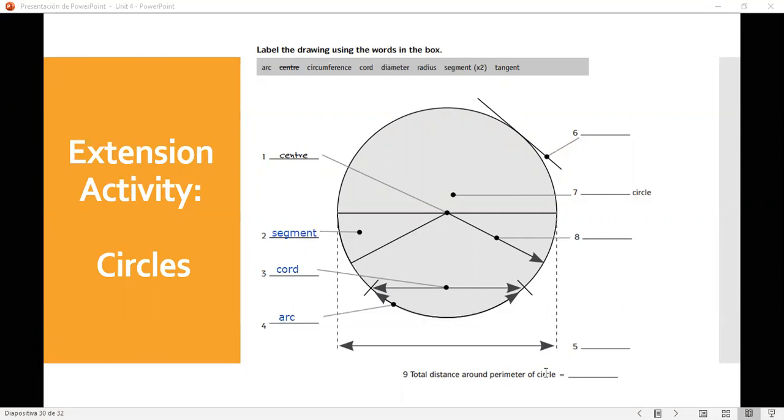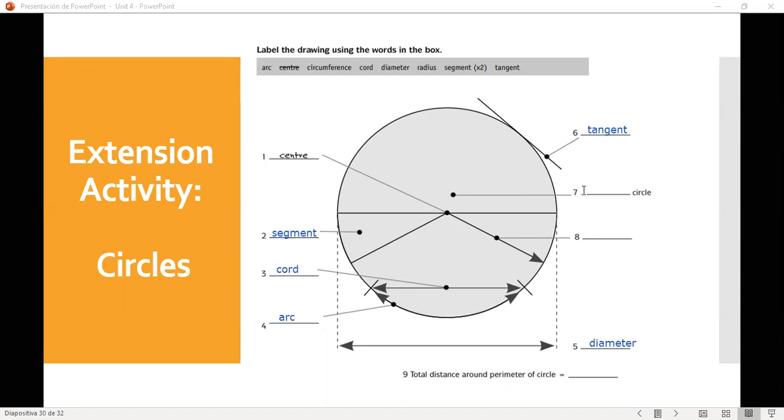Number 5 is diameter. The diameter, yes. And number 7 is tangent. No, 6 is tangent. Sorry, 6 is tangent. And number 7, I think is circle.